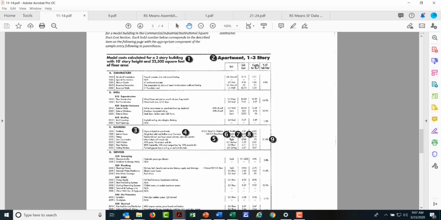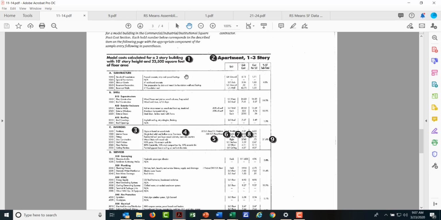This cost per square foot is $5.13. If it's 3 stories, it's a third of that. It's really convoluted. My point is, you only have one slab on grade, which is a third of the footage.